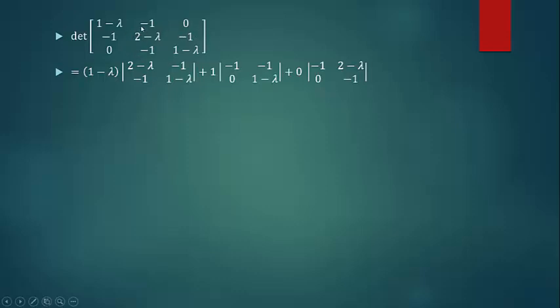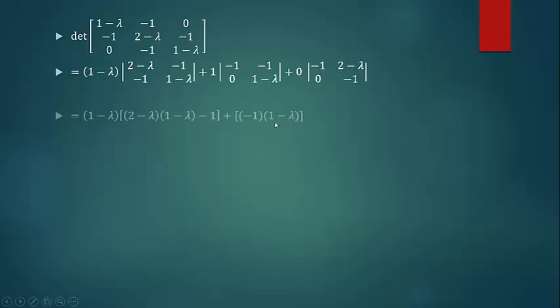And then I subtract negative 1, so therefore I add 1, times the determinant of the submatrix that I obtain when I eliminate the row and the column that negative 1 is contained in. And so I obtain this submatrix. And then I take 0 times the determinant of the submatrix that I get when I eliminate the row and the column of 0. And I get this.